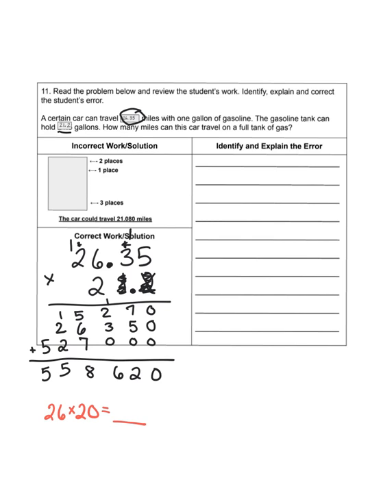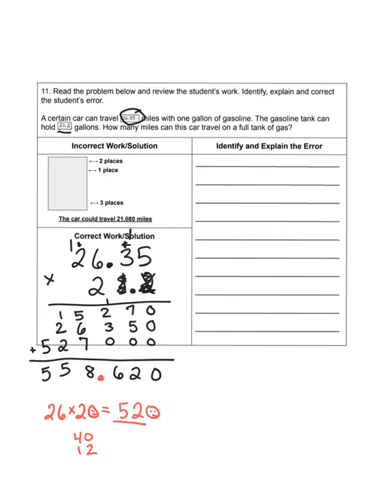So let's see, 20 times 2 is 40, and 6 times 2 is 12. So that means 26 times 2 is 52, and I have a 0 here, so I'm going to add a 0. So that tells me that my decimal point should go about right here.